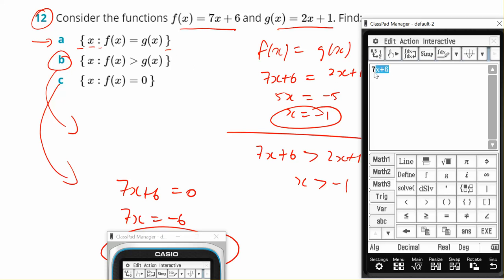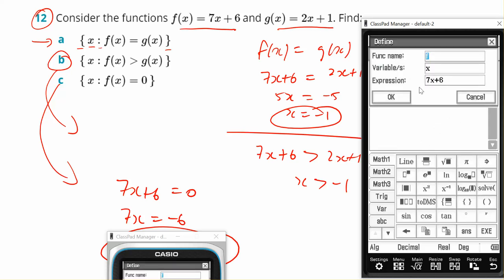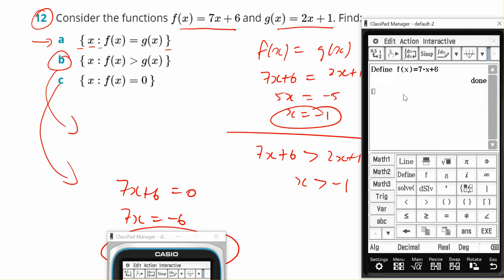I'm going to go highlight, interactive, define. Great, we're going to name it f. Now I can use this again, and I'll name it g of x, 2x plus 1. So I don't need to read the whole thing.